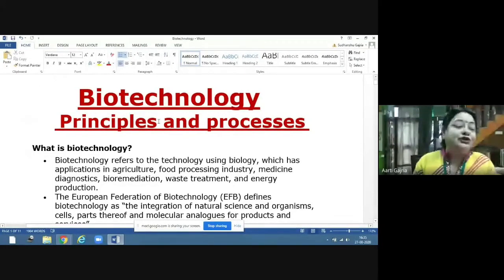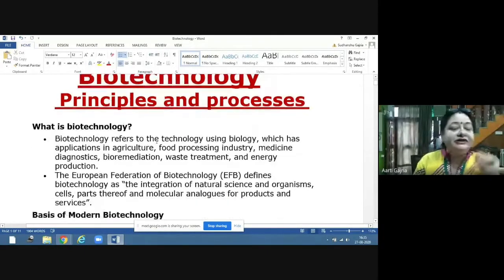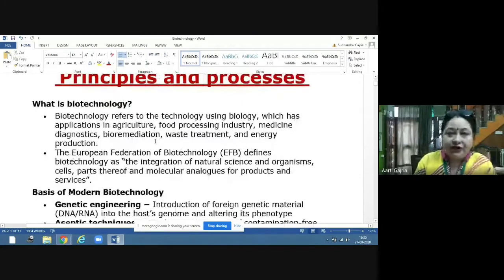But first of all, you should know what is biotechnology. Biotechnology refers to the technology using biology. I told you what technology is, when we are applying knowledge for commercial production.